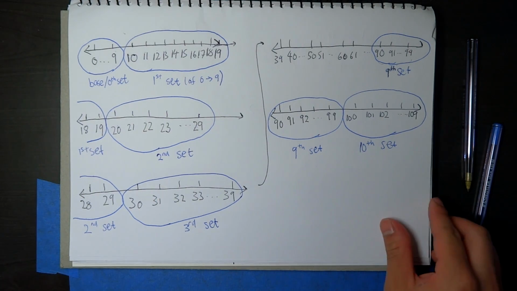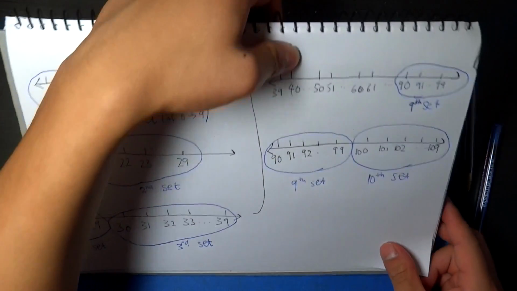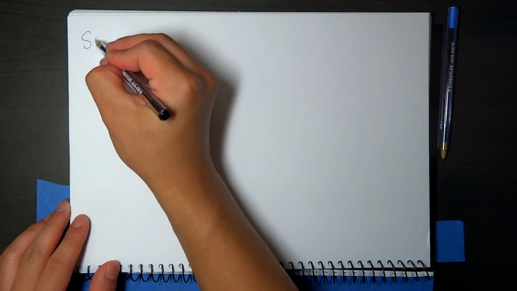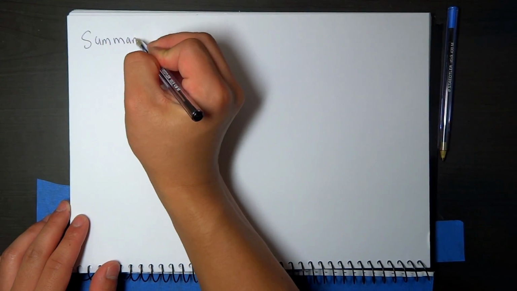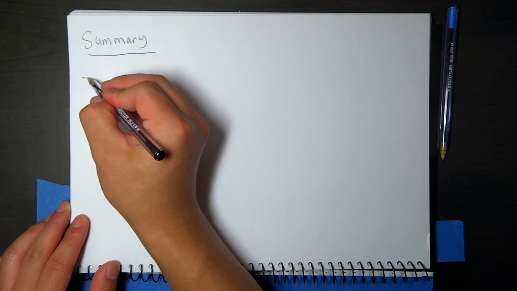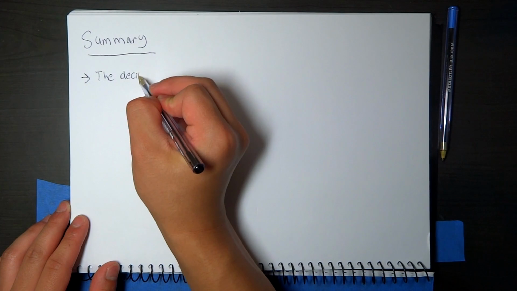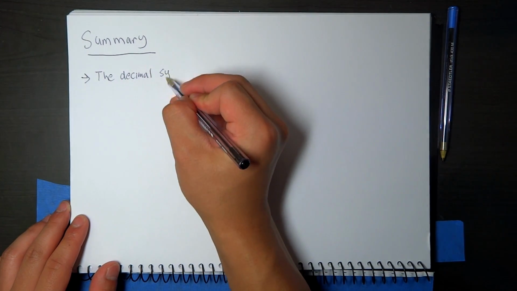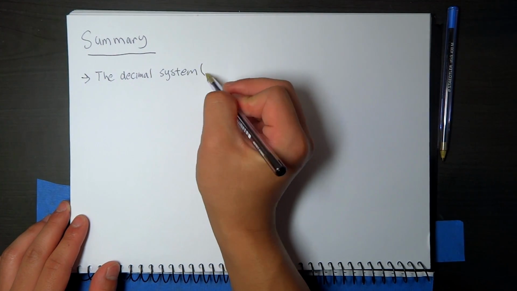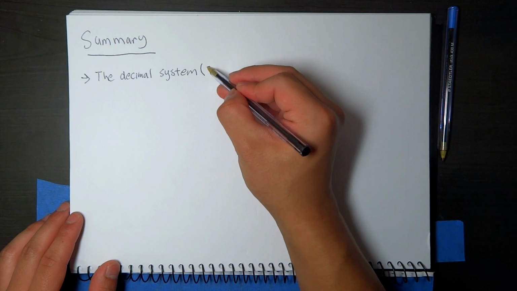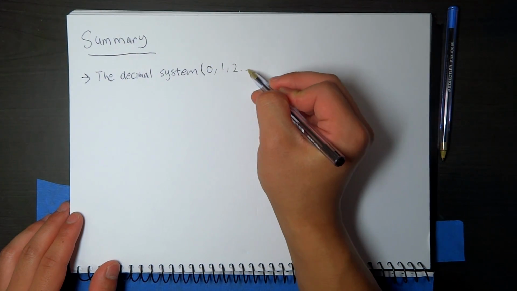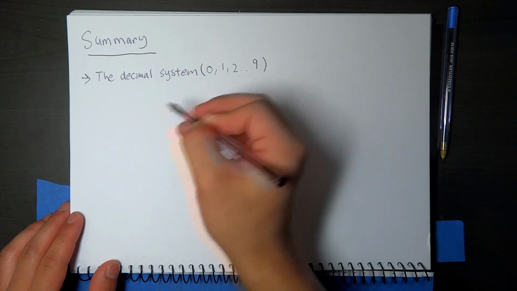In summary, what we have covered today is the decimal system, and that just means numbers 0, 1, 2, all up until 9.